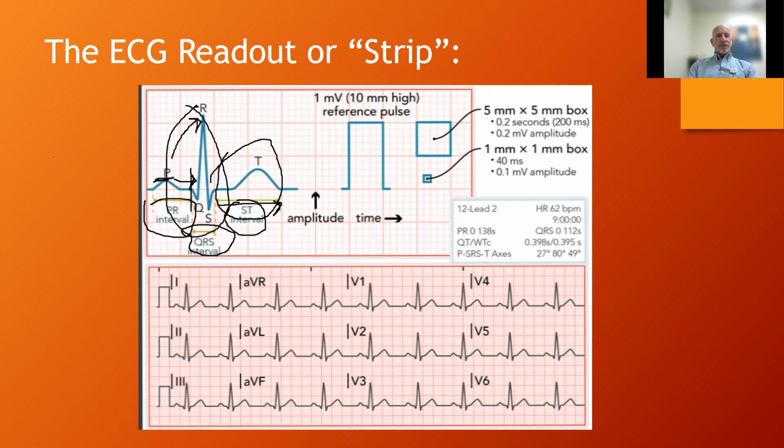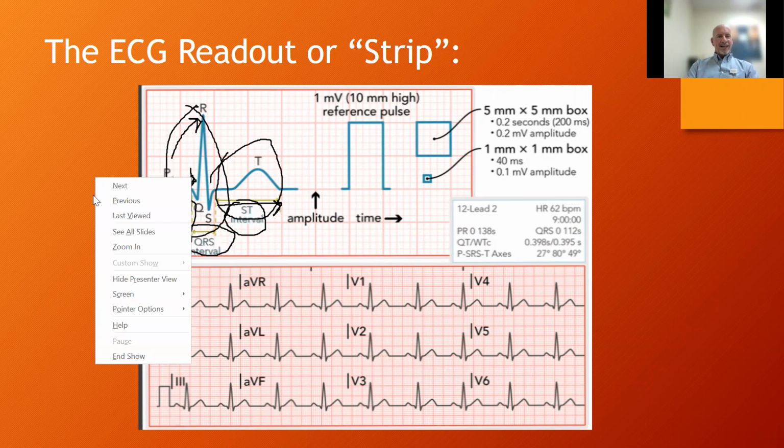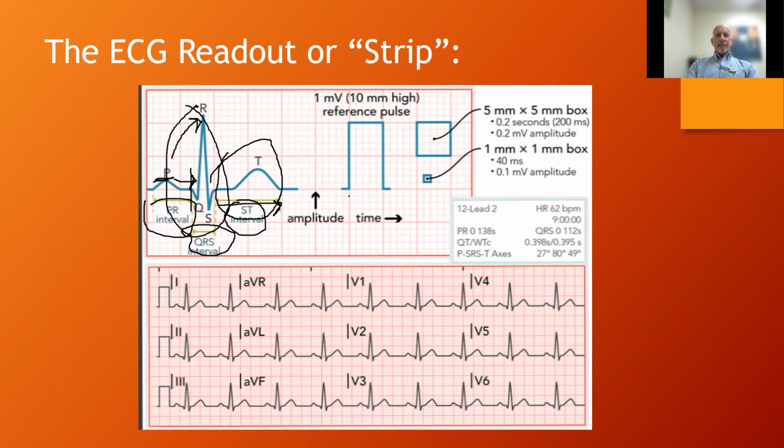You got a whole bunch of stuff on there. You can't see anything, can you? Well, we'll worry about that later. This amplitude is how much electricity is going through your heart, is how high it registers. And this is the time, this is how long it takes for the electricity to go through your heart. So this little graph here, and each of these has a different meaning. This box is 5 millimeters, and that counts for 0.2 seconds.